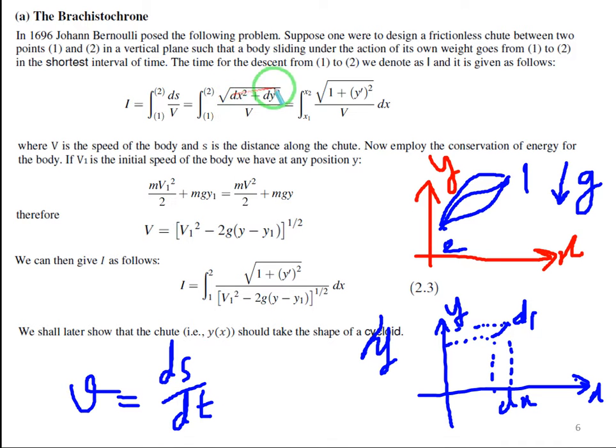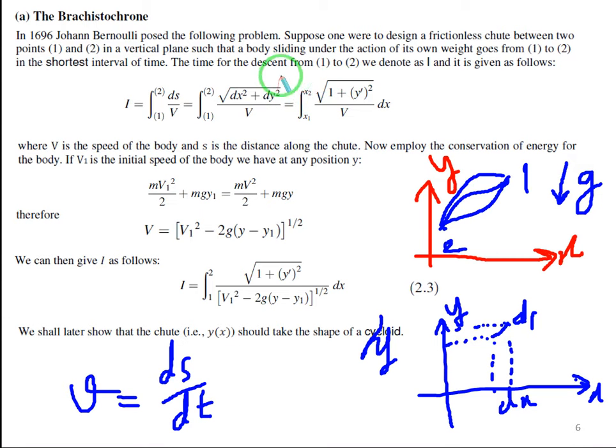if we divide this equation by dx, we have the integral from x1 to x2 of this function, the square root of 1 plus y prime squared, over v, dx.